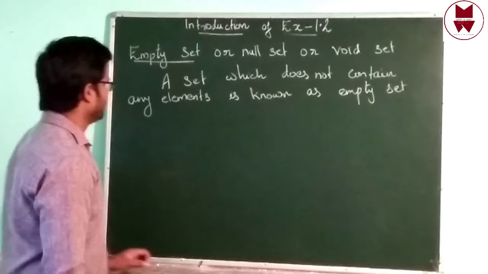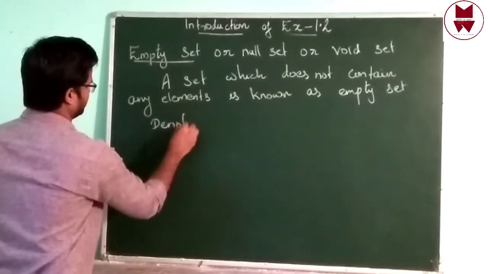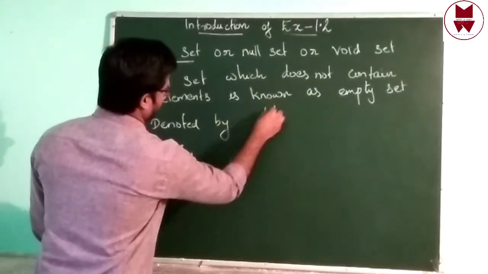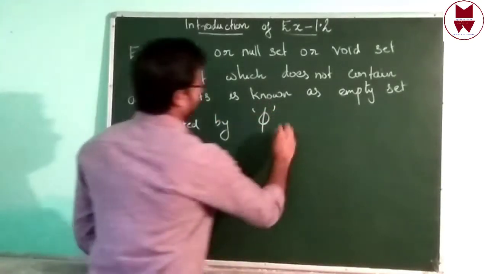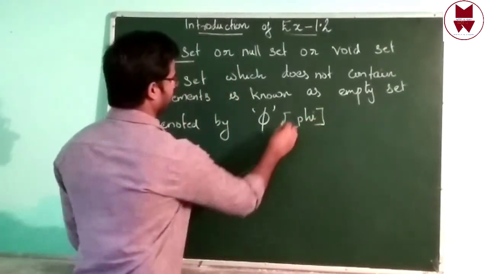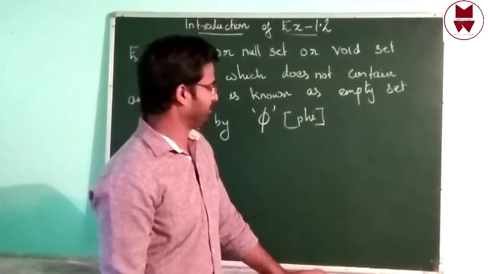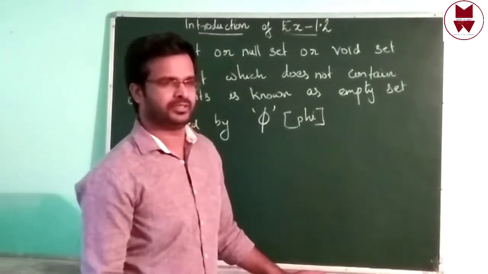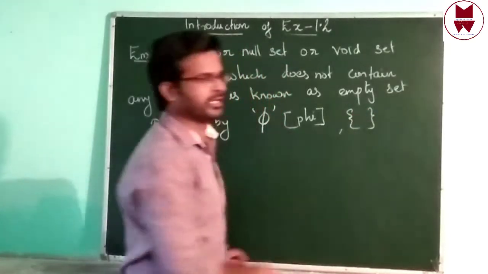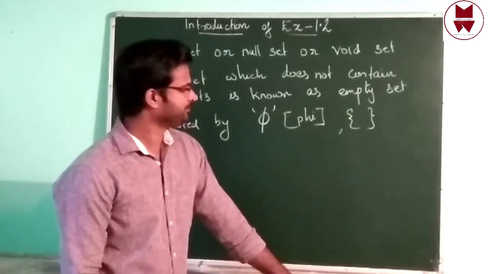The empty set is denoted by this symbol. That is phi, P-H-I. This is a Greek letter phi. For representing the empty set we will use phi. Otherwise, two curly brackets with nothing inside. This one we also use.